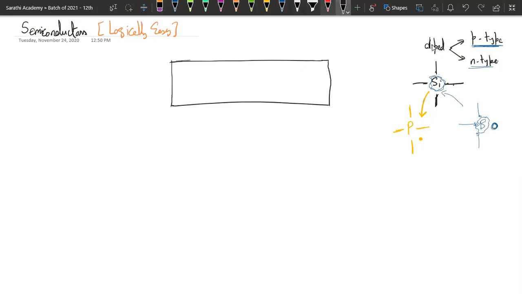So now first of all, we take a solid in which on one side we dope it, we make it p type. एक साइड हमने उसको p टाइप बना दिया और एक साइड में उसको n टाइप बना दिया. Okay. So making it p type means it will have lots of holes.